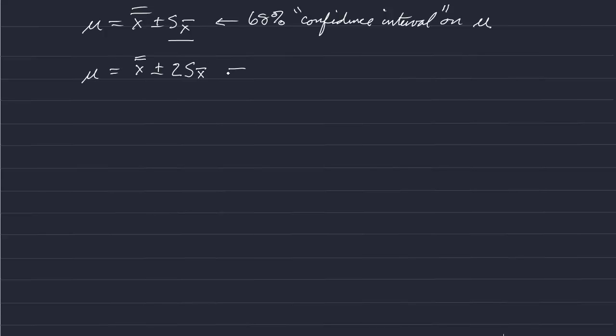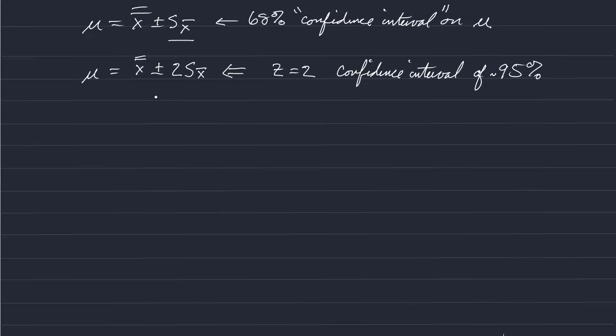And this would correspond to 2 standard deviations, which corresponds to z equals 2. And that would give a confidence interval of about 95%.